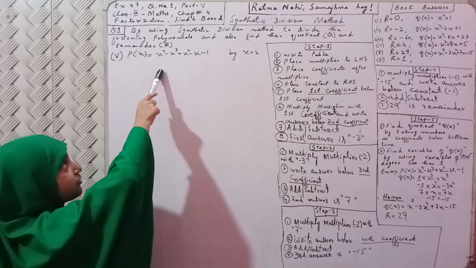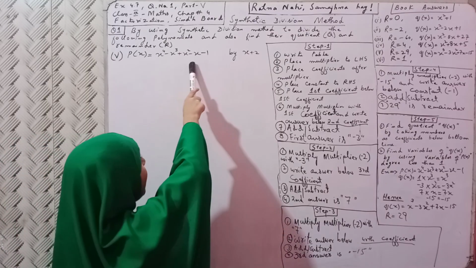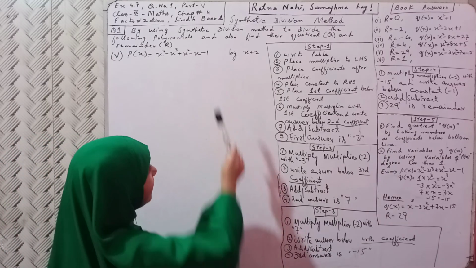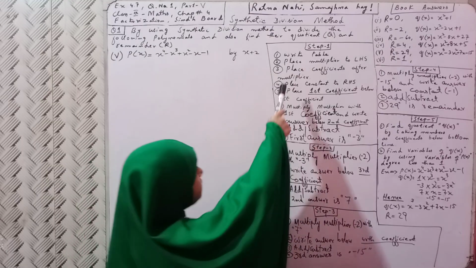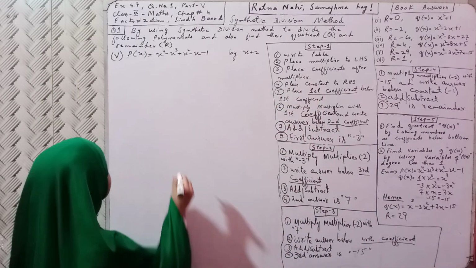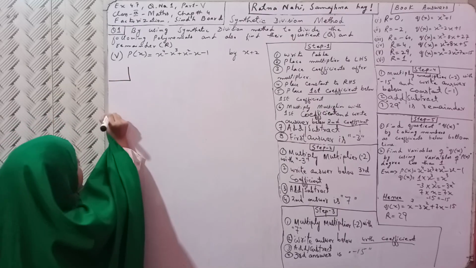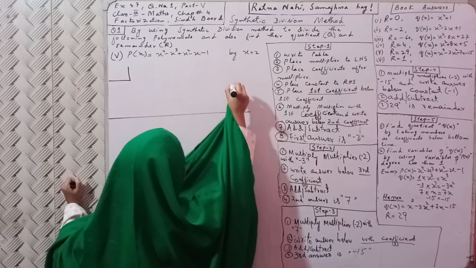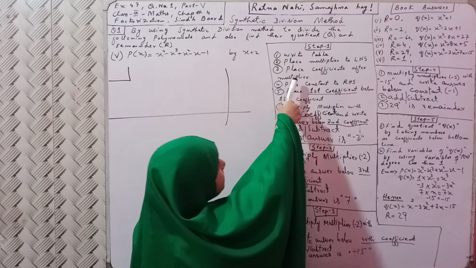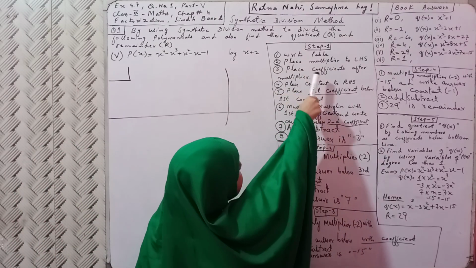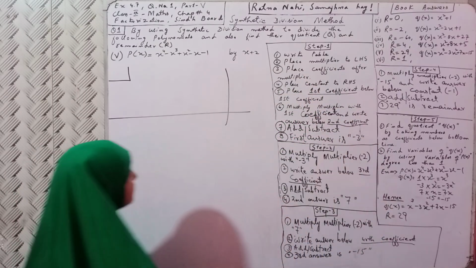P(x) is equal to x power 4 minus x cube plus x square minus x minus 1, divided by x plus 2. Understood? So the first step is write table. Here we will make our table. Then the second step, place multiplier to left hand side.